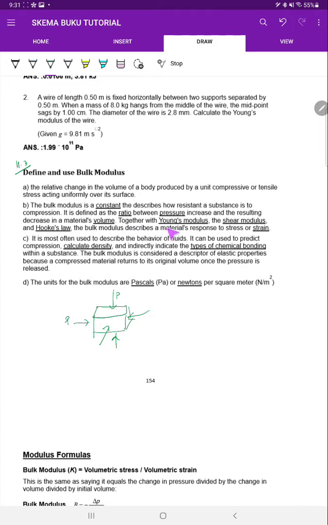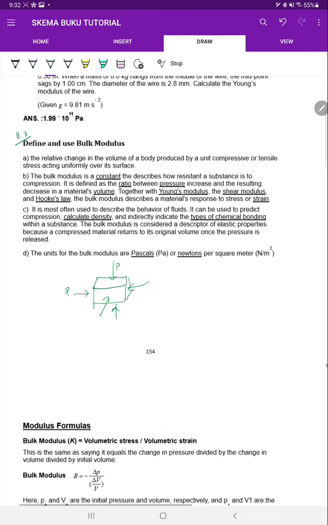pressure. Okay, together with Young modulus, the shear modulus and Hooke's law, the bulk modulus describes as the material responds to the stress or strain. Okay, boleh baca. Okay, the bulk modulus unit is Pascal, and the unit is Newton per meter square.